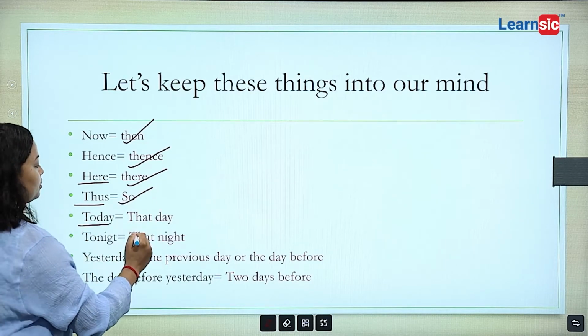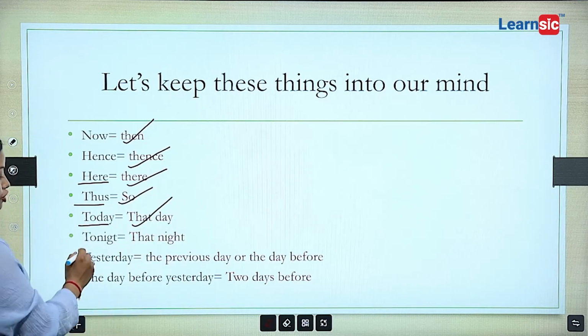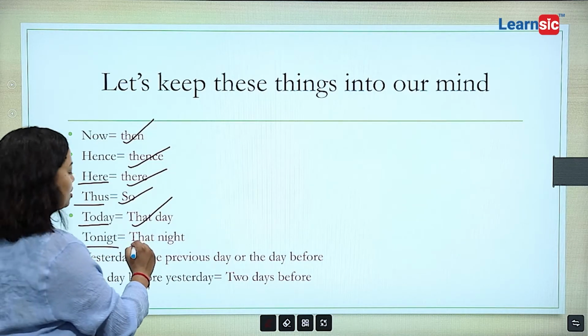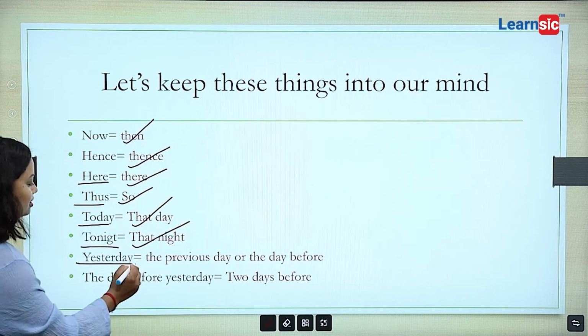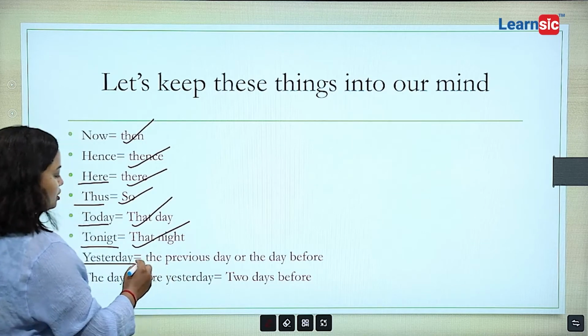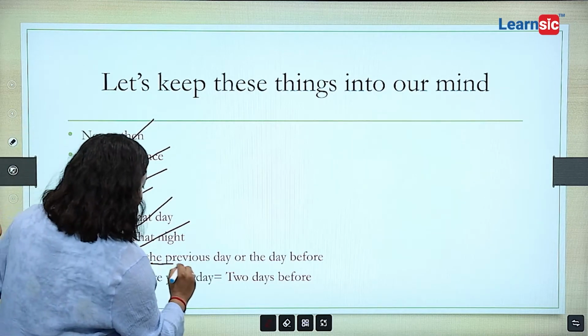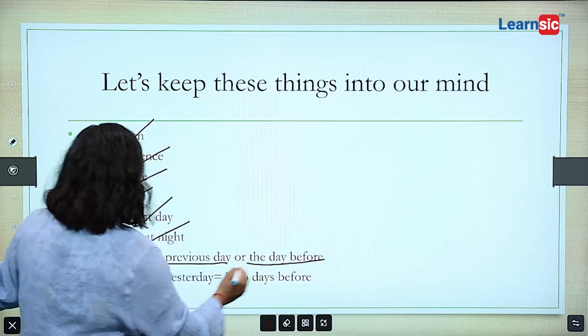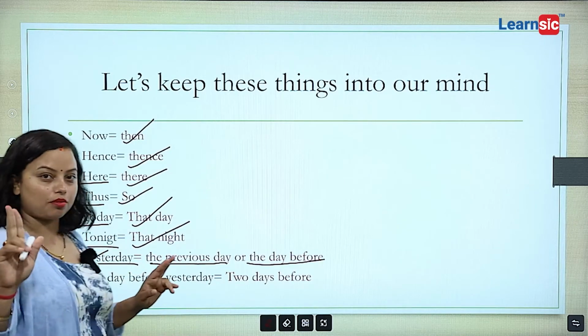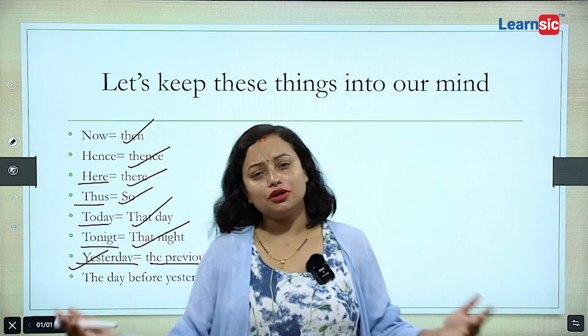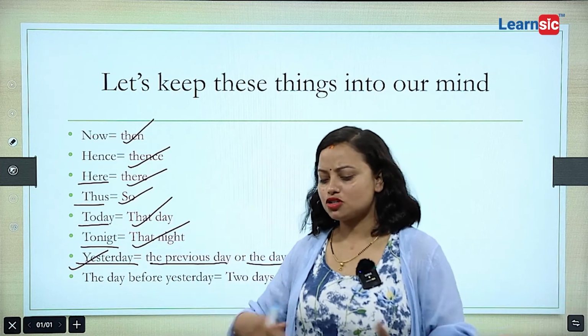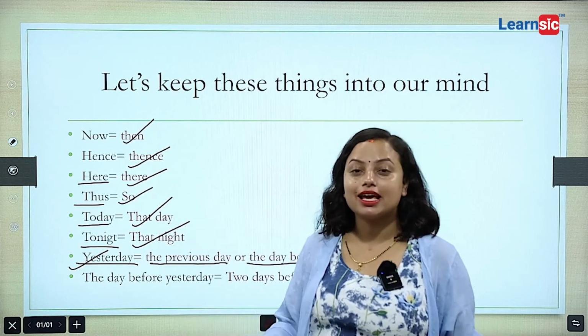Today, we have to change into that day. Tonight, we have to change into that night. Yesterday, we have to change it into the previous day or the day before. In terms of yesterday, we have two options. Are you getting my point? You have practiced these things a lot during your school days, isn't it?